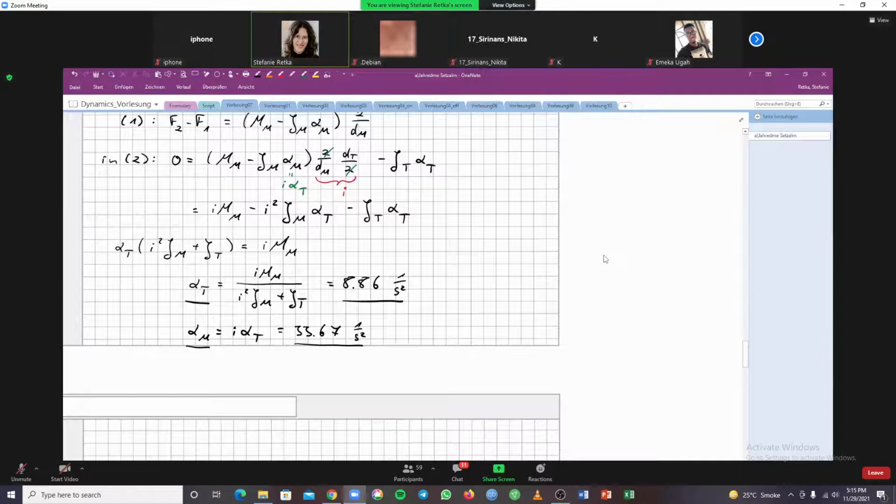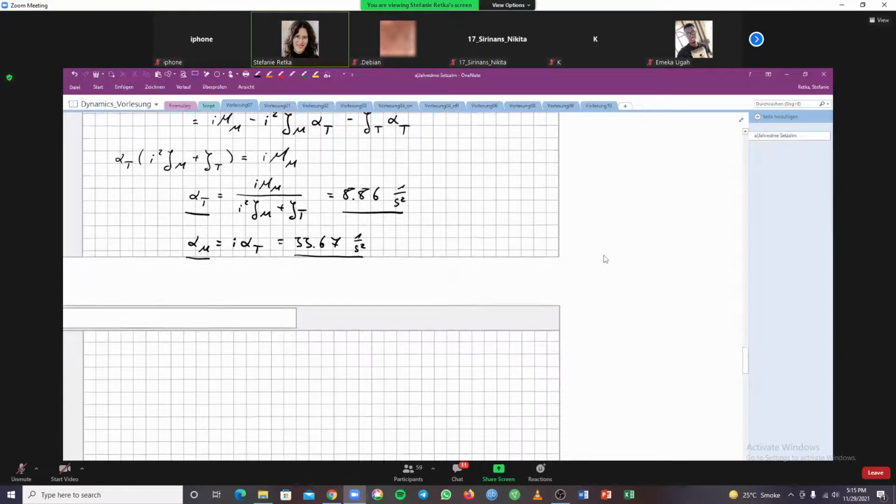So if we integrate the angular acceleration of the motor, in general, it would be omega t0 plus alpha t times t. And since we know that the system starts from rest, the initial angular velocity is equal to 0.